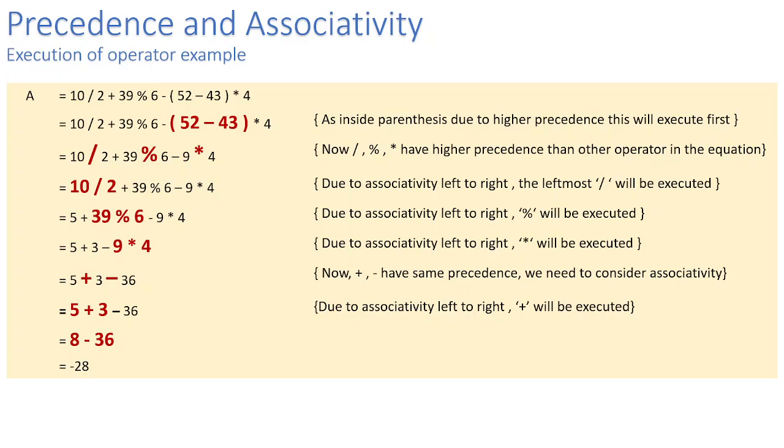So which operator will be executed first? In this situation we have to consider the associativity. The associativity of arithmetic operators is left to right. That means if we have multiple operators with the same priority, they will be executed left to right in the case of arithmetic operators.